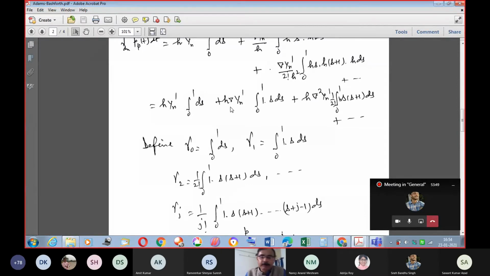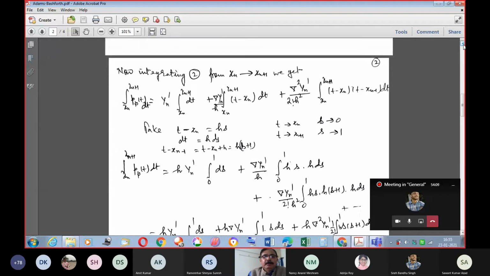What will be the order of this for p equal to 1? Local truncation error. If you see what we have written earlier, let me go back, then you will be able to understand.